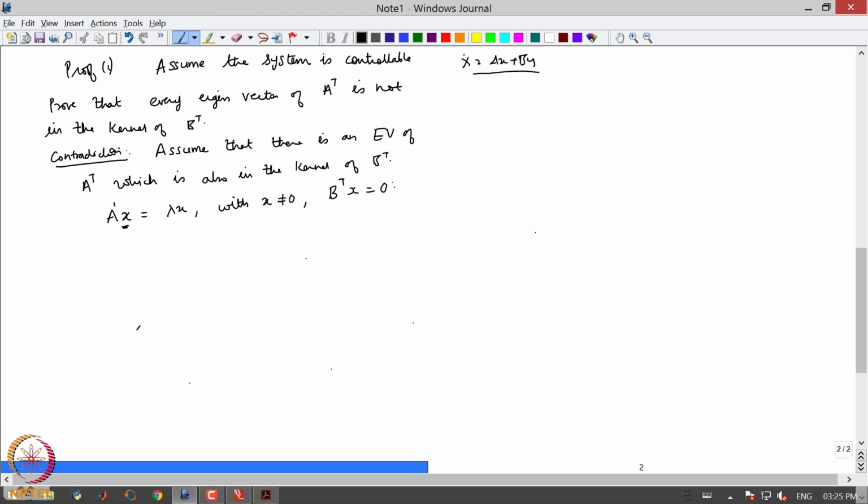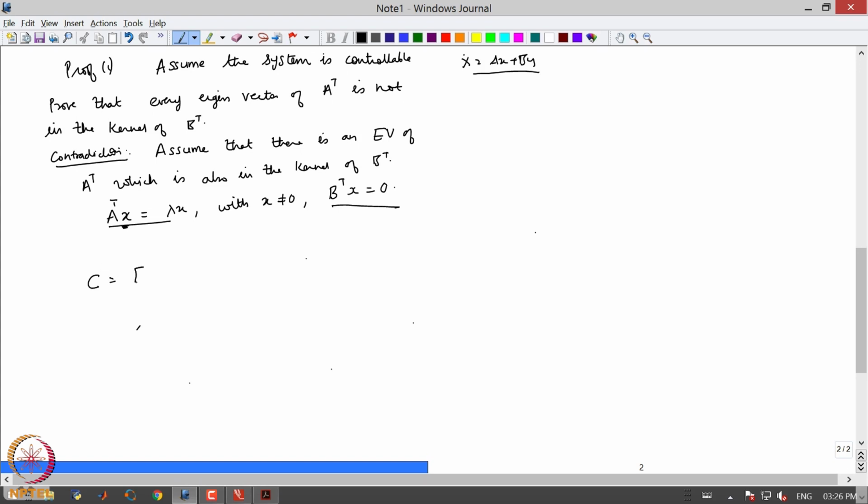Now, what we will show is that if there is one eigenvector of A transpose which is in the kernel of B transpose, then the system will lose controllability. Okay. What is the controllability matrix?